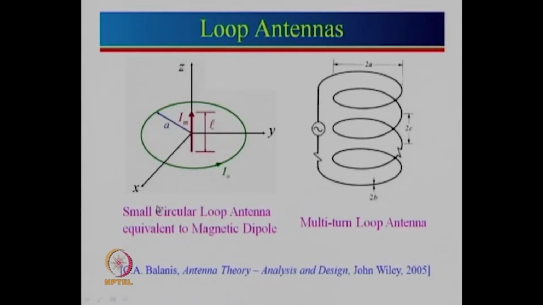So, loop antennas can have a very small loop diameter to a very large loop diameter. However, practically majority of the time loop antennas are used which have a small diameter. Now, this is shown here as a small circular loop. So, if we assume that the current is uniform over here, then this can be thought in a slightly different way.